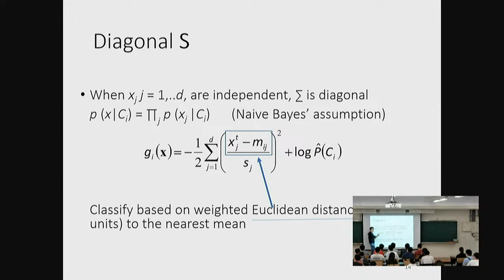So I'm essentially implementing a weighted distance to the nearest mean as my classifier. This formulation has a name: it's called a naive Bayes classifier.